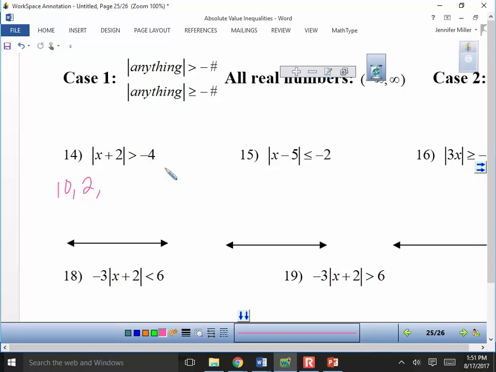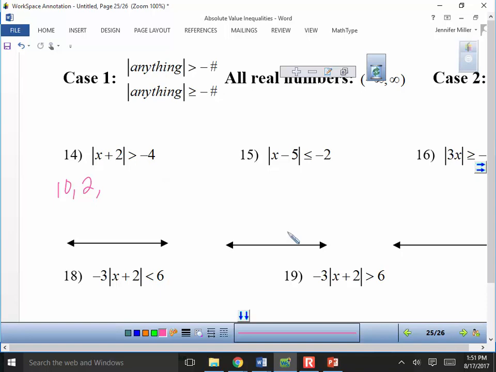And if you need a minute to look here and just plug numbers in, if we plugged in negative 100, then that would give us negative 98. We would slap those absolute value bars down over that negative 98, and that would give us what? Well, positive 98, because I can add. If that were negative 100 plus 2, it would be negative 98, and the absolute value would be positive 98, which is greater than negative 4, right?